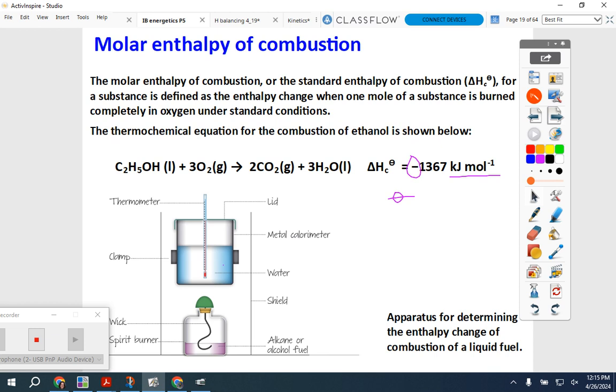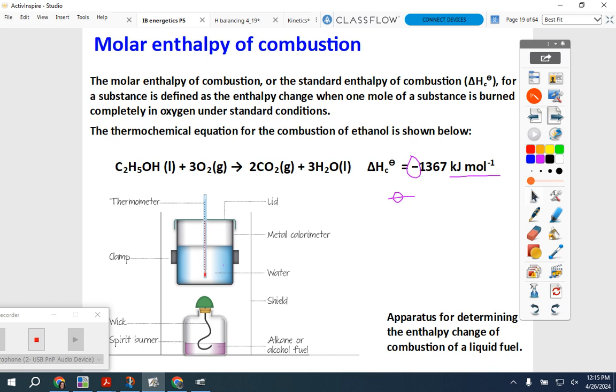When we do that, we are calculating the heat transfer of the water, the Q for the water. That's going to be negative Q of the fuel. And because we have per mole, we're also going to need to know how much fuel you burned to get that calculation, right?